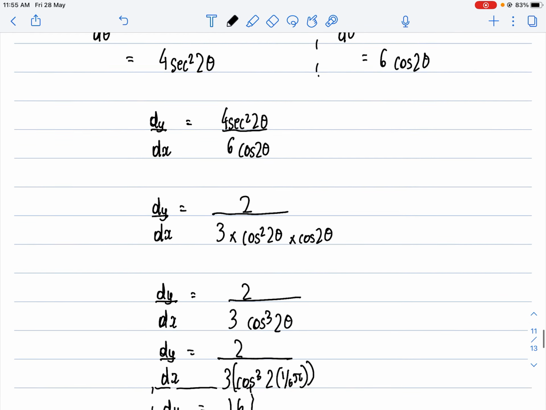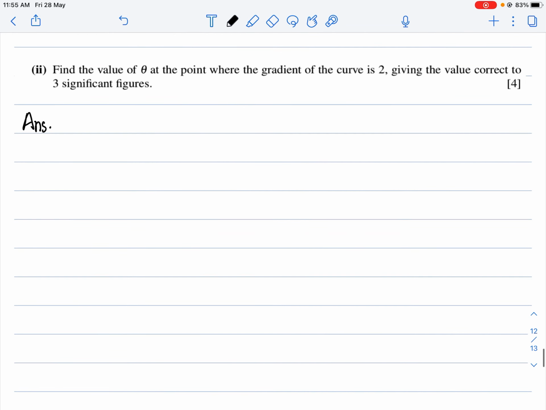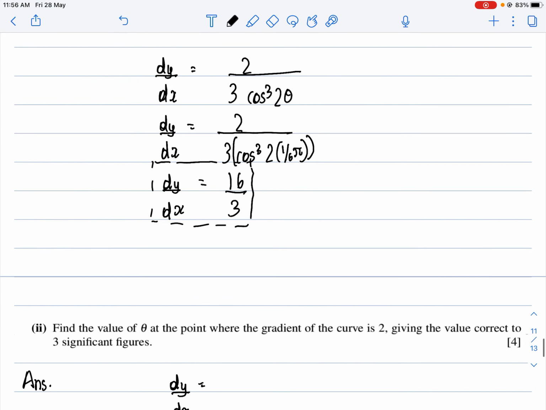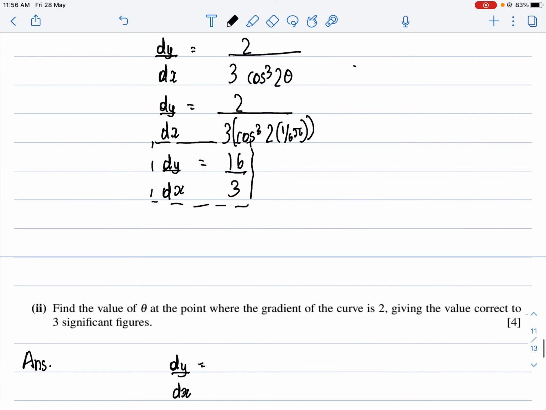Okay, the exact gradient. Now, find the value of theta at the point where the gradient of the curve is 2, giving the value correct to 3 significant figures. What you need to do here is, your dy by dx from the above part is 2 over 3 cos cube 2 theta.